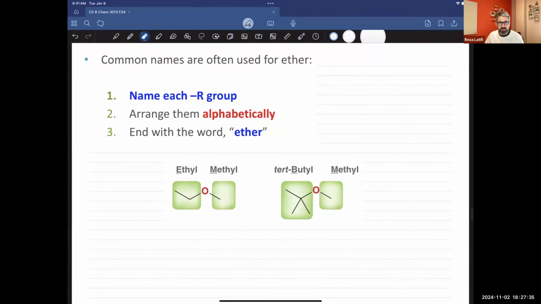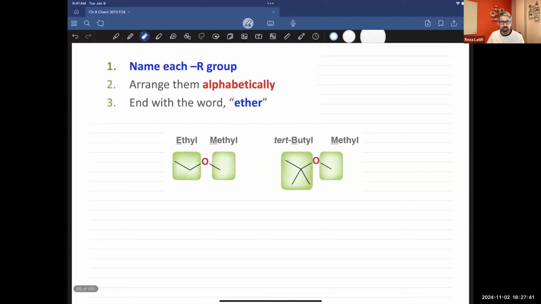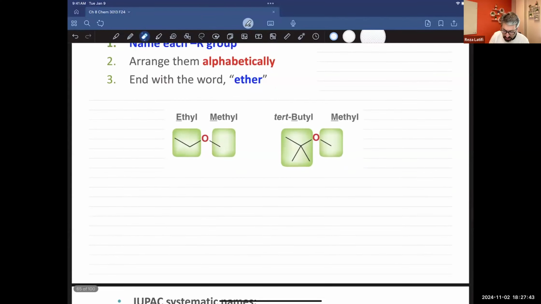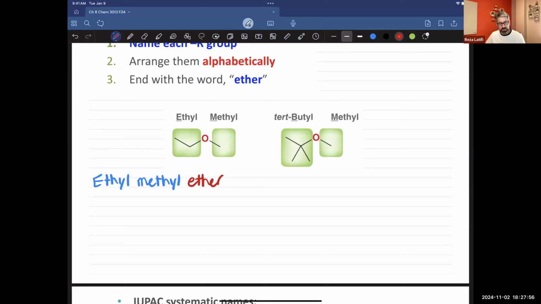As I said, the first method is to name each substituent. I have ethyl and methyl. The priority is going to go with ethyl. So I say I have ethyl, and then methyl, and I will add ether to the end to say that this compound is attached to a methyl and an ethyl group.